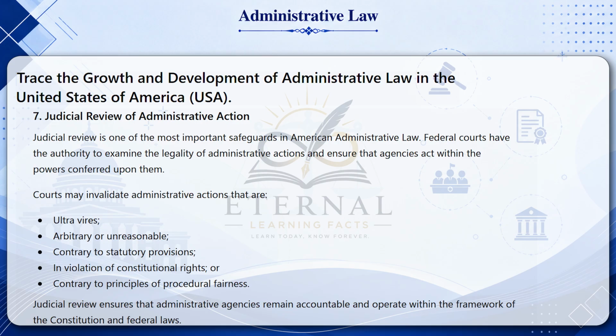Courts may invalidate administrative actions that are ultra vires, arbitrary, or unreasonable, contrary to statutory provisions, in violation of constitutional rights, or contrary to principles of procedural fairness. Judicial review ensures that administrative agencies remain accountable and operate within the framework of the Constitution and federal laws.